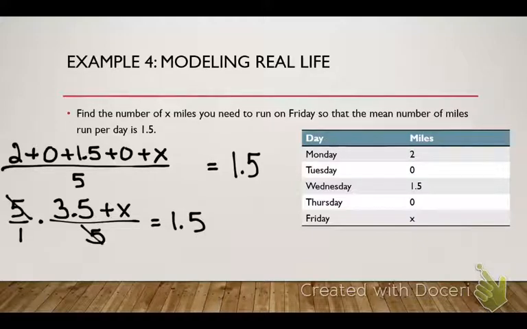Remember what our multiplication property of equality says. As long as I do an operation to one side and do the same thing to the other side, I don't change the value. So this is allowed. I can do this. Multiply both sides by 5. What am I left with now? If I multiply both sides by 5 and cancel my denominator, what am I left with on the left side of the equation?